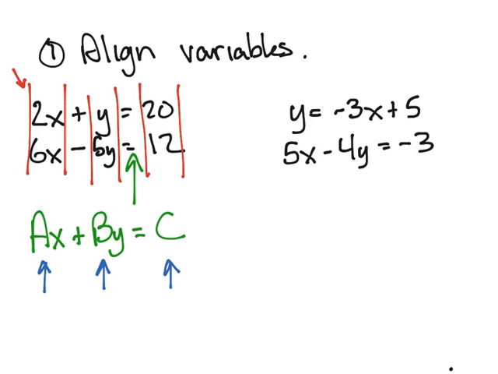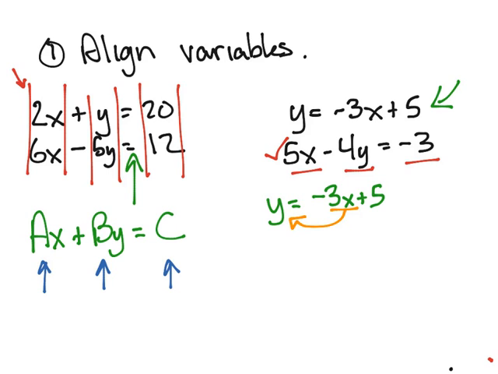For this problem on the right, however, you'll notice they're not in this format. The second line is perfectly fine because it's in x plus or minus y equals a constant. So that's all right. But we're going to have to modify this first line. So y equals negative 3x plus 5. In order to fix this, we'll have to move our x term to the left side.